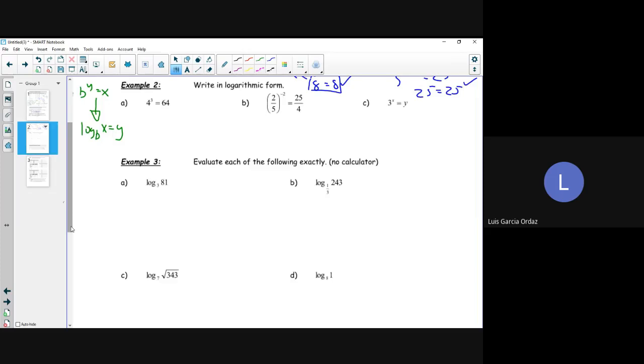The next example is we want to write it in log form. We have 4 to the power of 3 is equal to 64. How would we write that in log form? Log base 4 of 64 is equal to 3. Perfect. What would our next one look like?